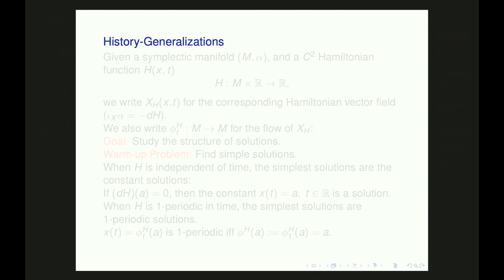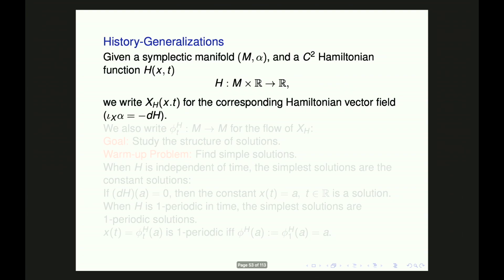Okay, but let me give some history of questions that have been interests in classical mechanics and symplectic geometry. That was my original motivation for formulating this kind of questions in random setting. So for that, I have to talk about symplectic manifolds. So what's happening is this.